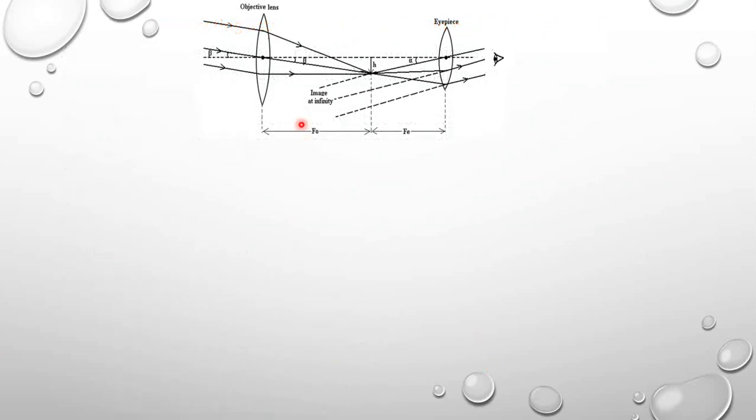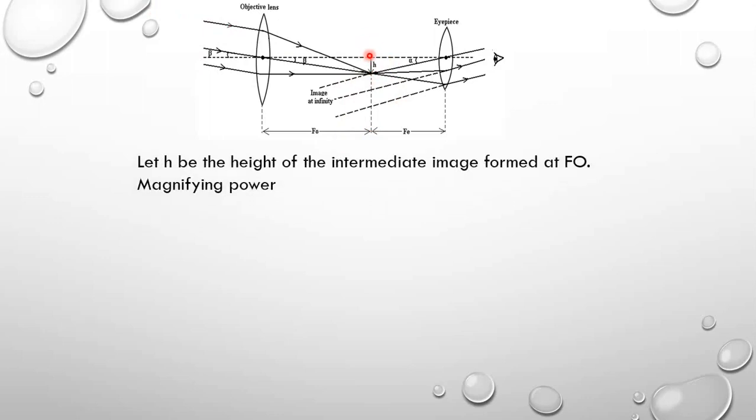So when you consider this, let h be the height of the intermediate image formed by this objective at this point Fe, which is also f0. So the magnifying power is going to be given by alpha divided by beta, where when we look at this ray diagram, alpha is approximately equal to tan alpha, because we are saying alpha and beta are small angles in radians.